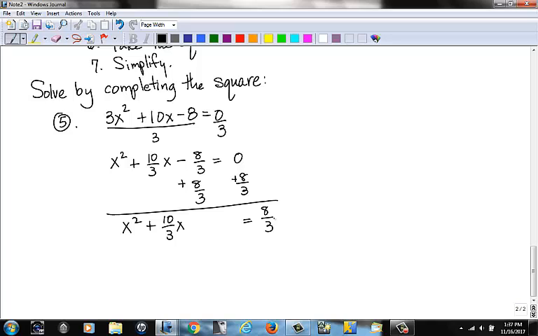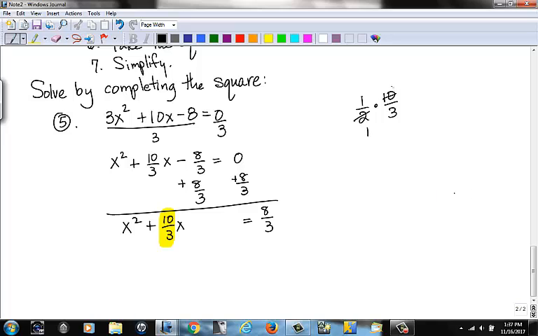Next step says take half the coefficient of the linear term. Half of, what's of mean in math? Multiply. So half of 10/3. Okay? And don't be afraid to do the scratch work out at the side. Don't do the scratch work in the middle of the problem. Do it outside.